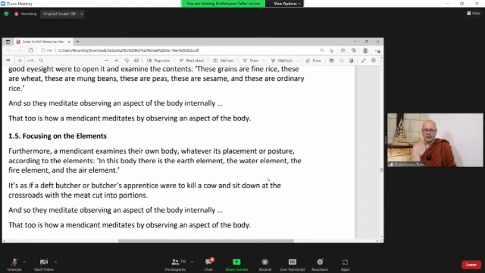So furthermore, a mendicant examines their own body, whatever its placement or posture, according to the elements. In this body, there is the earth element, the water element, the fire element, and the air element. It is as if a deft butcher or a butcher's apprentice were to kill a cow and sit down at the crossroads with the meat cut into portions.